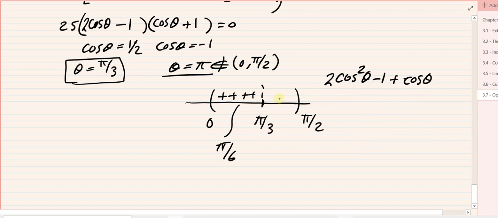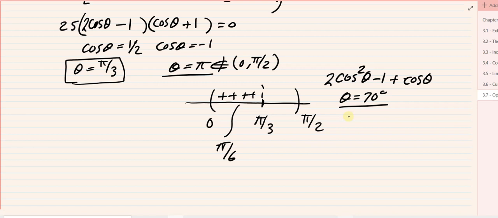Now, if I plug something like, let me say theta is 70 degrees in here. This is going to give me, okay, so cosine of 70 degrees squared times 2.